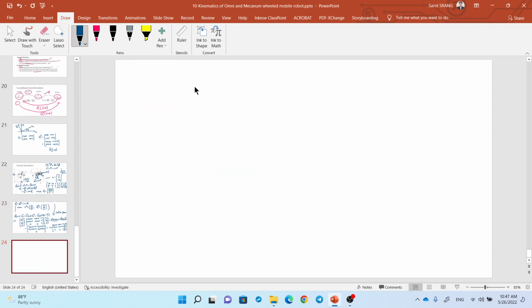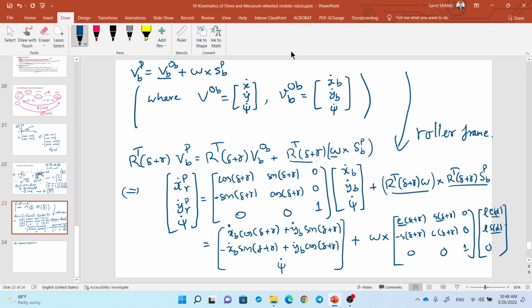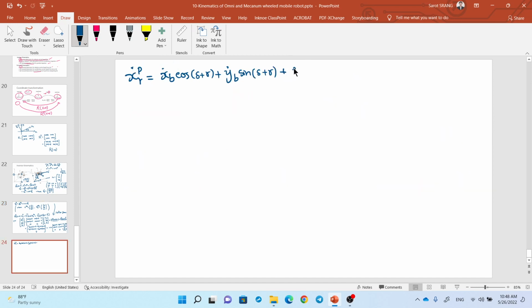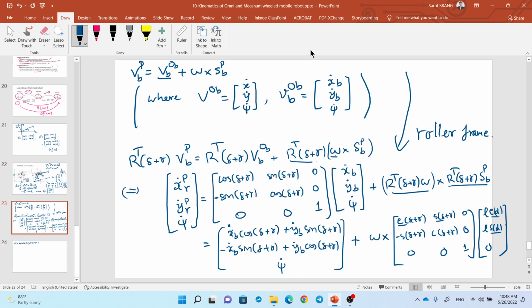So the next page should be h dot p in the roller frame equal to h dot b cosine delta plus gamma plus y dot b sine delta plus gamma plus L, and if I use this one, 0, omega z, root of psi dot.